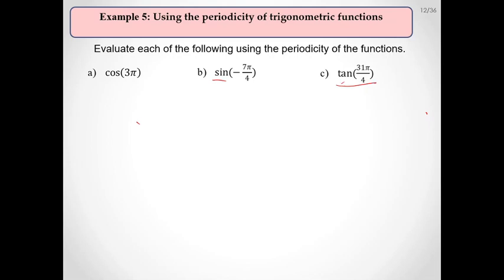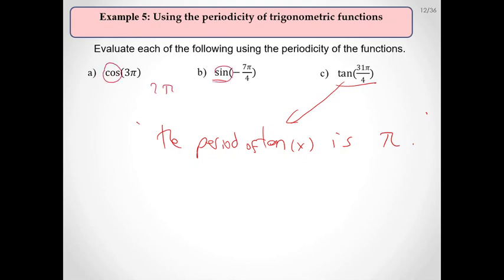Now, tangent first. If you want to use this periodicity, you have to know the period of tangent. So the period of tangent x or tangent theta is pi. The difference between them is that sine and cosine have period 2 pi, but tangent has pi. So what does this mean?